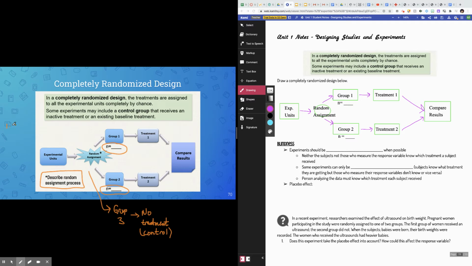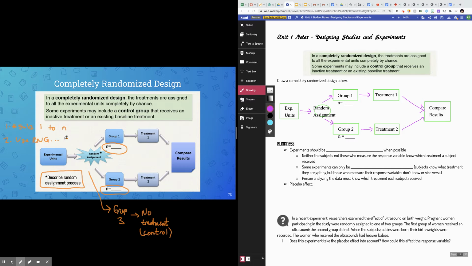The one, number subjects from 1 to N. 2, use a random number generator, right, to select however many unique subjects to go to group 1, all others go to group 2, and so on.